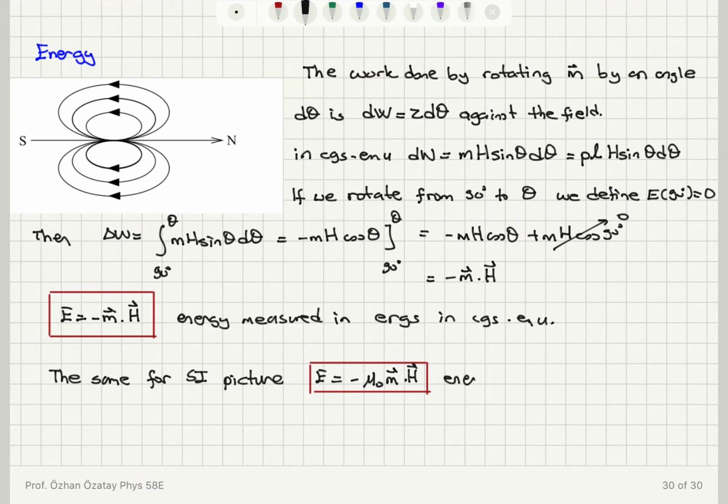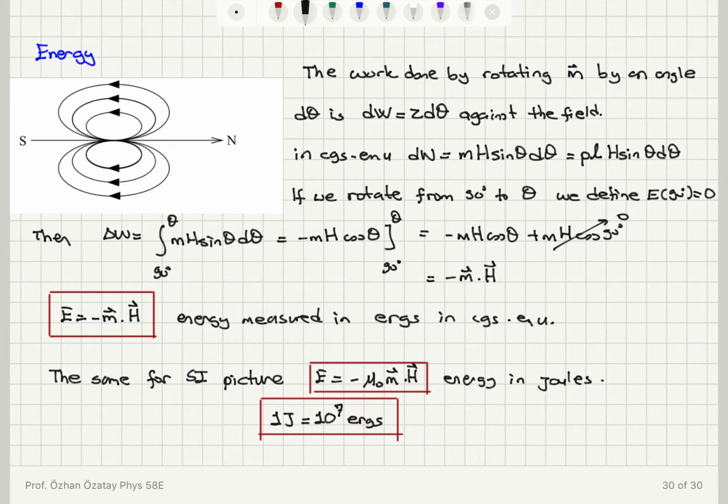So energy in joules in SI units. So the conversion between joules and ergs is that 1 joule is equal to 10 to the power 7 ergs. So we have this conversion factor between energies.